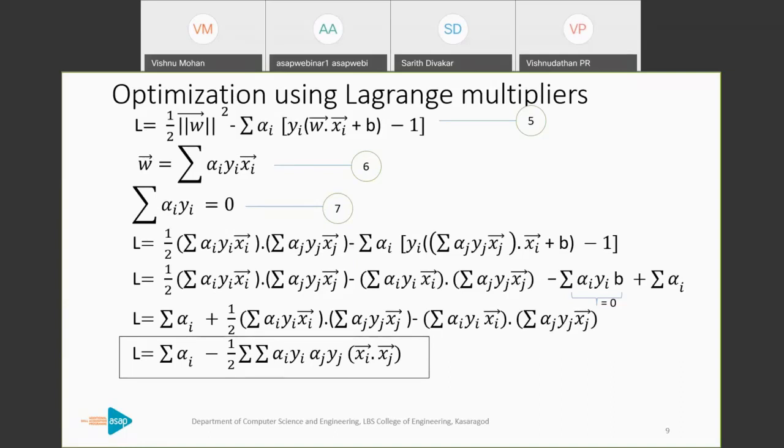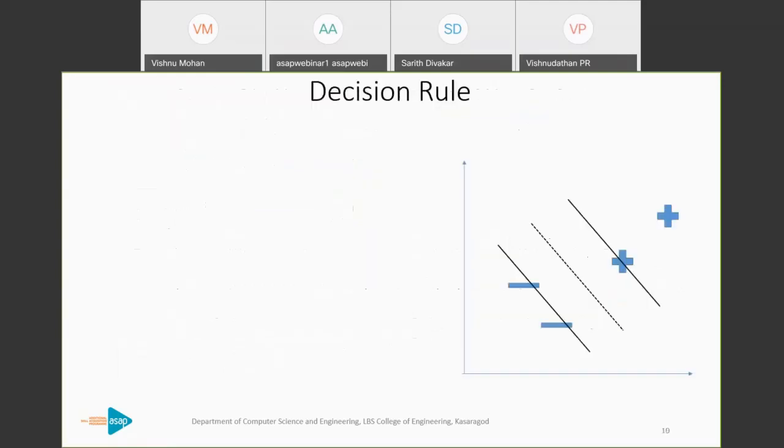Okay. Now let us look at the decision rule. I got a new sample. I need to classify this sample. I need to find the label. What you can do is take the dot product of the support vectors with u. It will tell you whether it is positive or negative. That means the decision rule now depends only on the support vectors' dot product with the unknown.